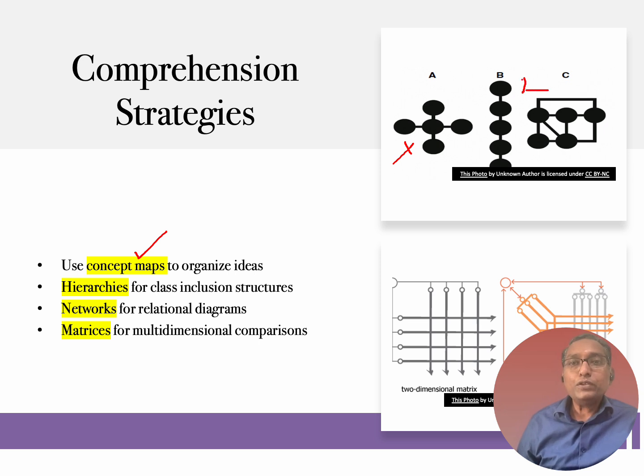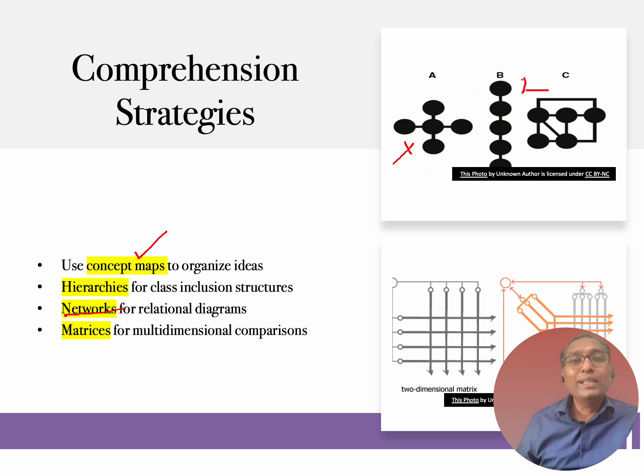Then there are networks. Networks are about how one concept is related to the others, like we talked about the knowledge structure, how it is a network of interconnected concepts.